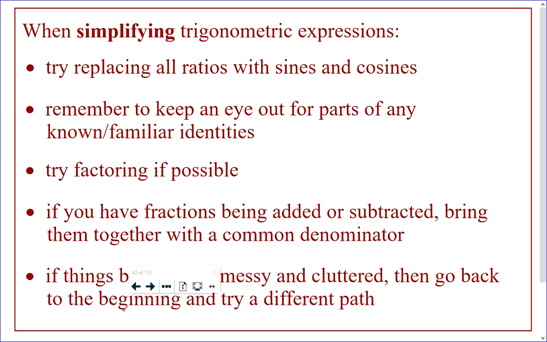So when you look on your formula sheet, everybody, at the Pythagorean identities, there's sine squared plus cos squared is equal to 1. There's another Pythagorean identity that says 1 plus tan squared equals secant squared.